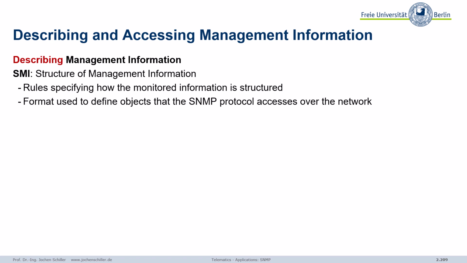But first of all, we have to describe our information, and there's something called the structure of management information. SMI specifies certain rules, and those rules describe how we structure the monitored information. SMI also describes the format for those objects, and SNMP, the protocol, accesses those objects over the network.